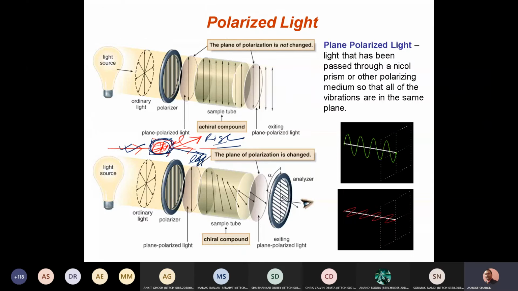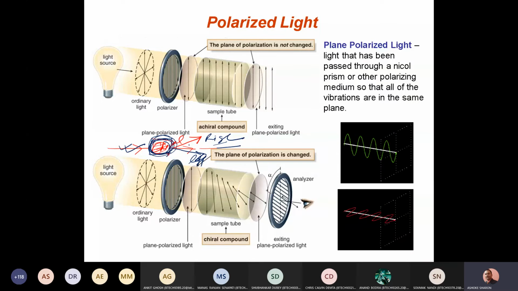So both cases are possible, or another case is that it may not rotate in either direction, left or right. That means the sample doesn't have any optical activity. So this is optically inactive and both of the other cases are optically active. Now the next thing we observe is that only if the compound is chiral does this kind of phenomenon occur. So optical activity is related to chirality.